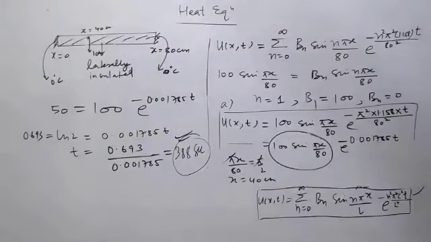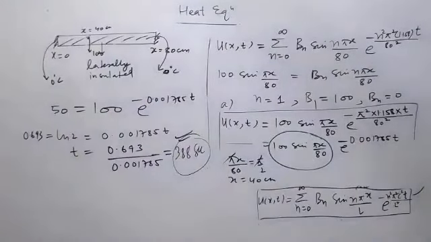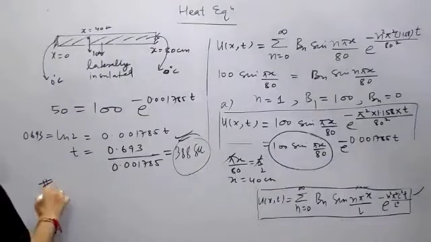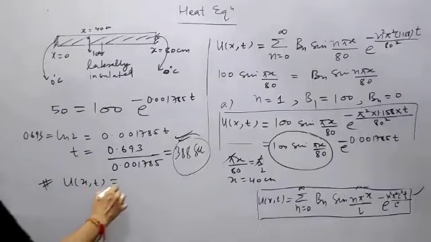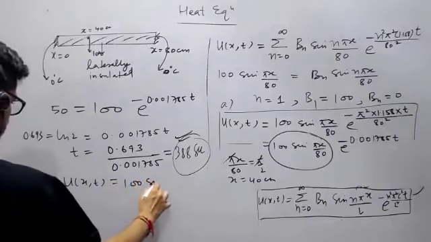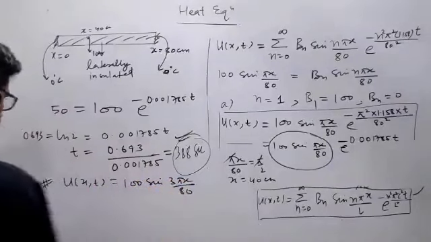solve same question. I am giving you a homework. Same question, solve same question when u of x comma t is equal to 100 sine 3 pi x by 80.